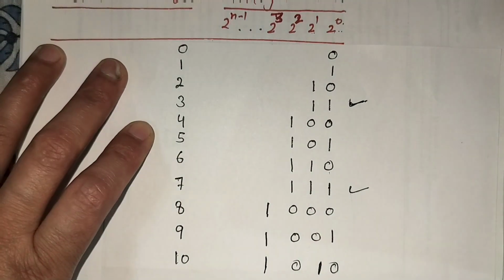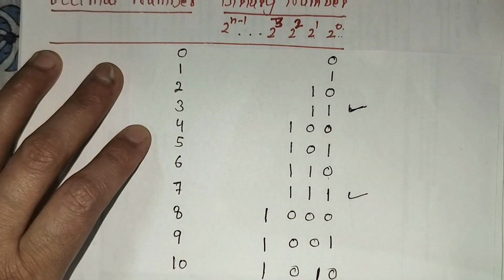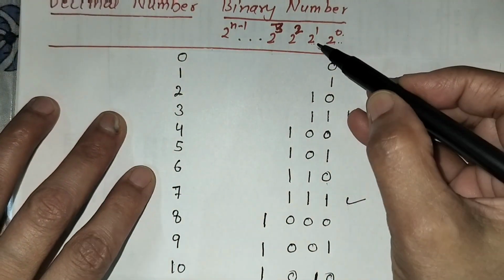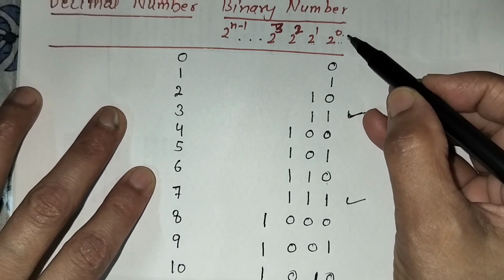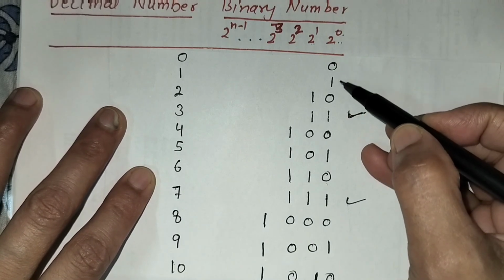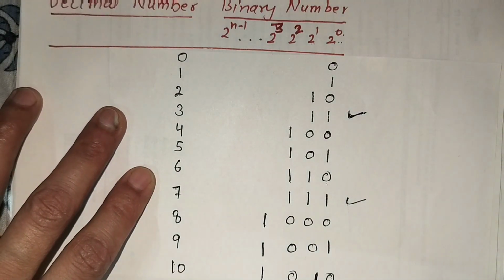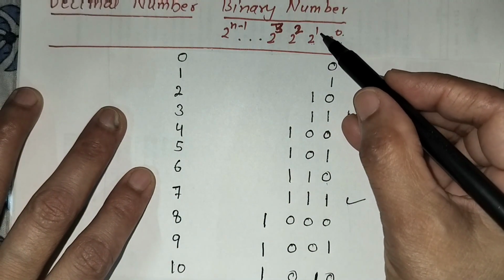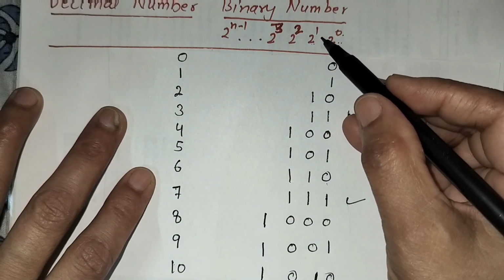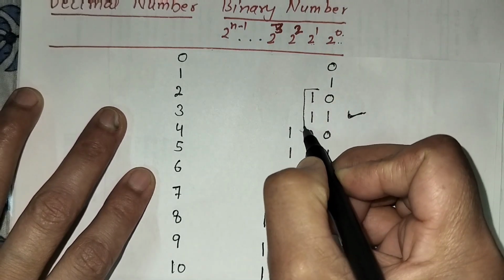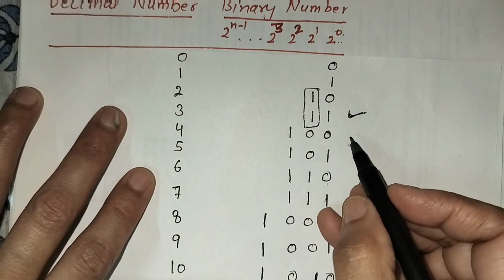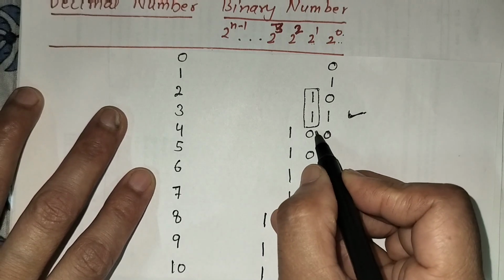Now we can observe one thing here about writing binary numbers. This position is 2 raised to power 0, meaning 1. All the bits here alternate every time we write the next higher number, and this is 2 raised to power 1, meaning 2. So here the digits alternate in a group of 1 and in a group of 2.